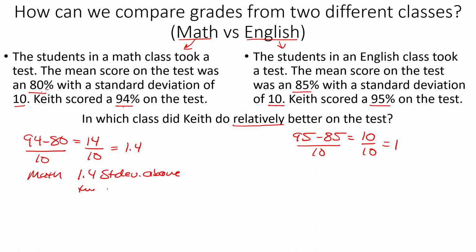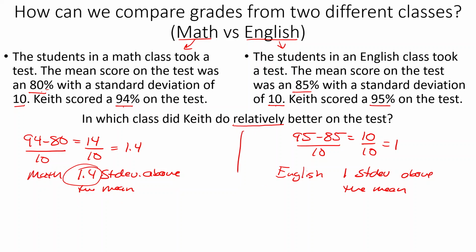In English, Keith is 1 standard deviation above the mean. All right, so that's what we want to use to measure, and the one that does better here is the 1.4 standard deviations above the mean. So which class did he relatively do better in? Math, in this one.